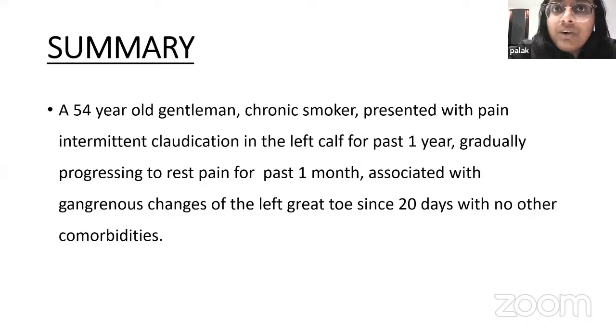There is a recent history of smoking and no other risk factors, and it affects only peripheral limbs and not multiple organs, right? Yes, sir. One more criterion.